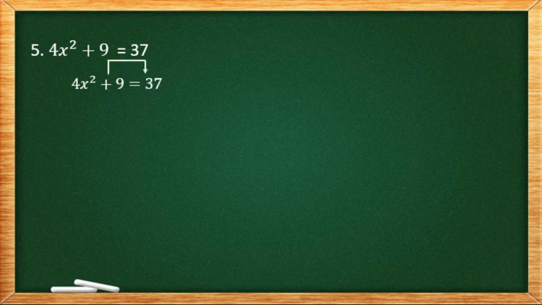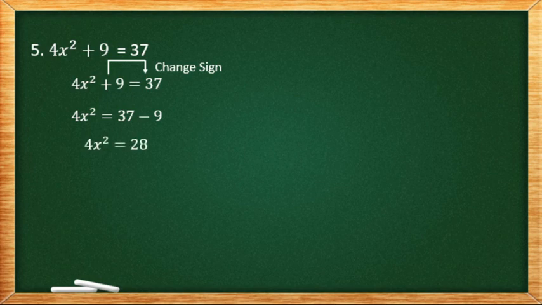Okay. So, transpose positive 9. So, 4x squared is equal to 37 minus 9. It is 37 minus 9 is equal to 28. So, that's why meron tayong 4x squared is equal to 28. So, we need to divide both sides by what?